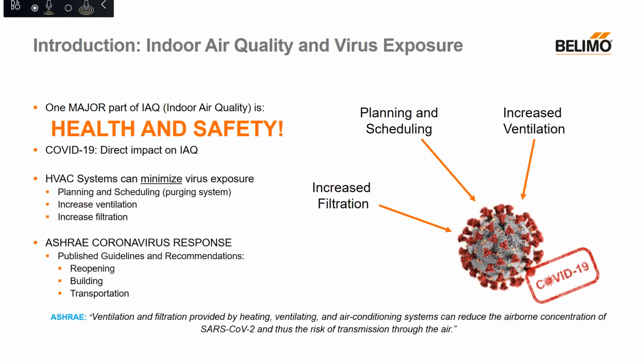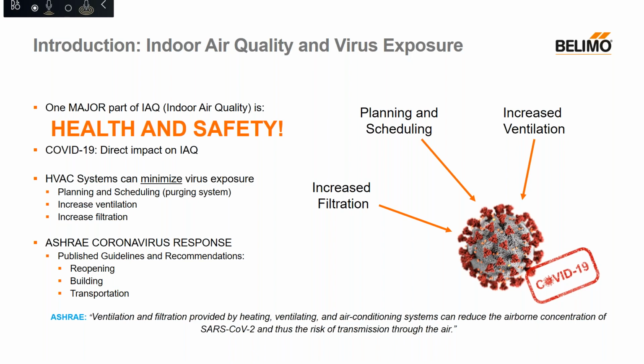All right, so as I just mentioned, we first want to talk about indoor air quality and why it is so crucial when it comes to mitigating the risk of virus exposure. First and foremost, the most important part of indoor air quality is without a doubt health and safety. As you can imagine, our current COVID pandemic plays an immediate and direct role in any building's indoor air quality levels.